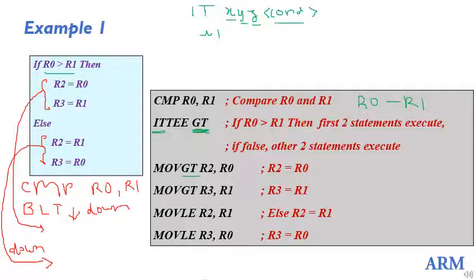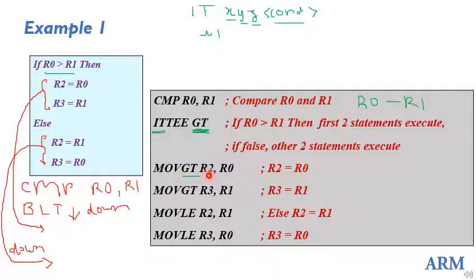That means the condition in the IT instruction is GT, so whatever I write here, the first instruction condition should also be GT. The first instruction is move R0 to R2, and the condition will be GT. So the mnemonic becomes MOVGT.